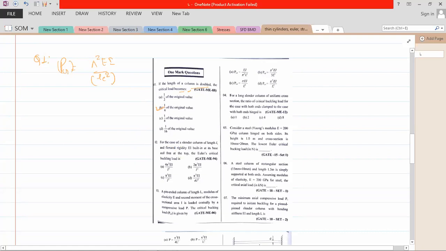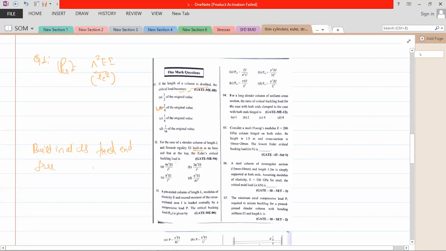Okay. For the case of a slender column of length L and flexural rigidity EI, built in at its base and free at the top, what is the Euler buckling load? So the condition is given: built in at its base, that is the condition of fixed end, and the second is free end.